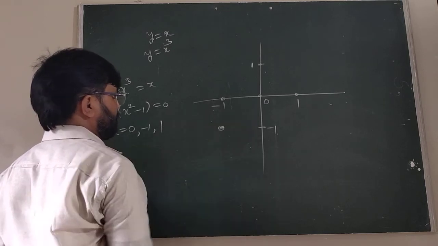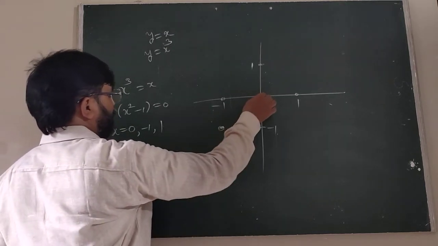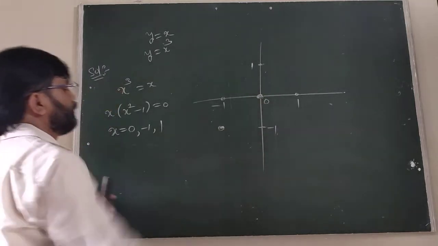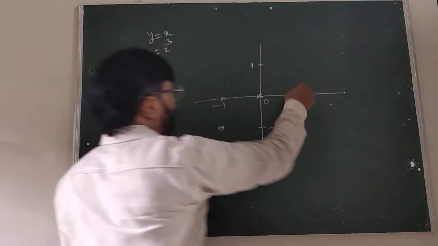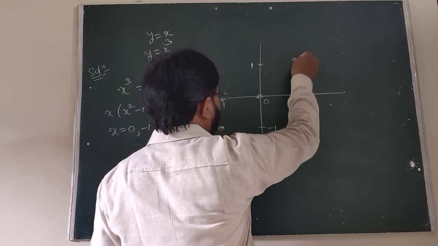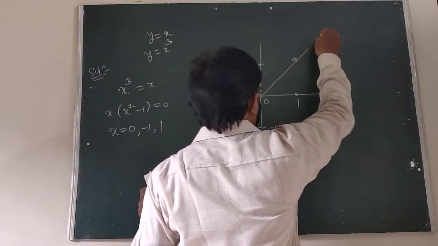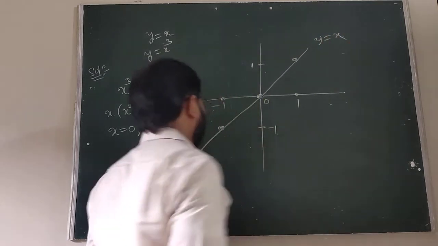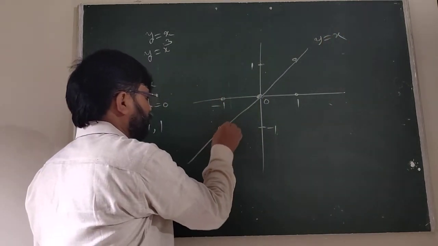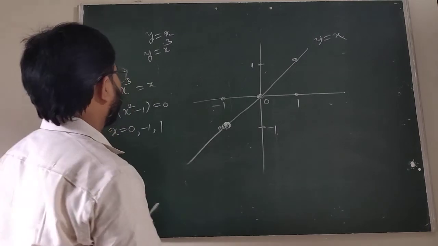Put x equal to 0, y equal to 0. Substituting x equal to 1, y equal to 1. This is the straight line y equal to x.